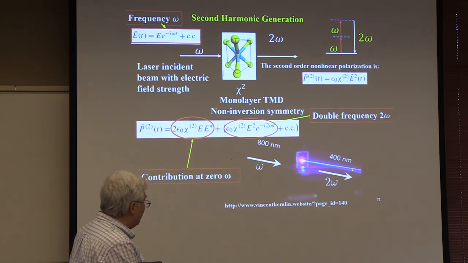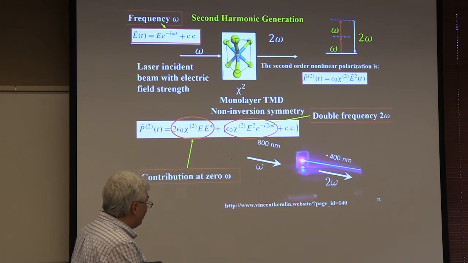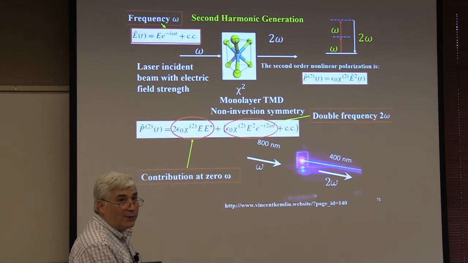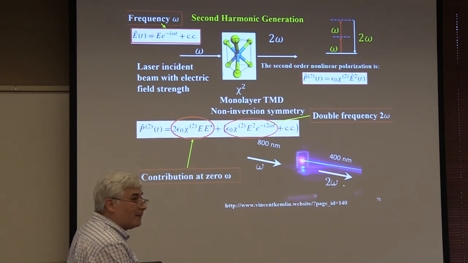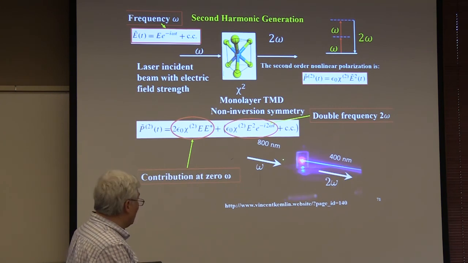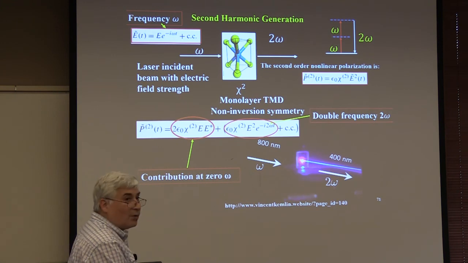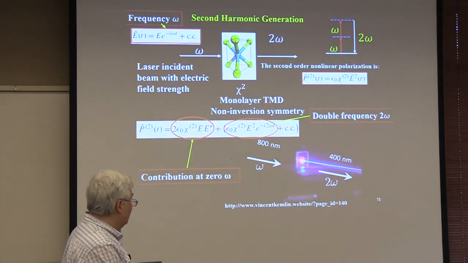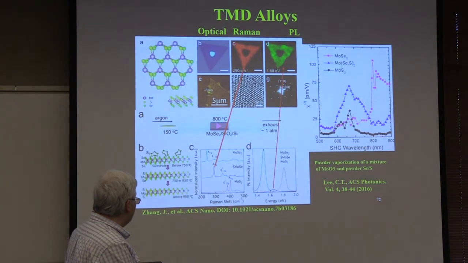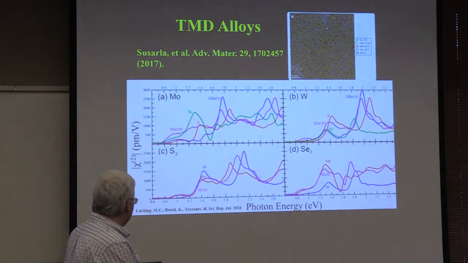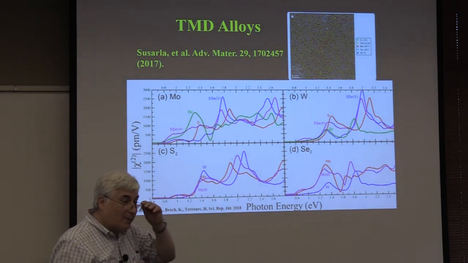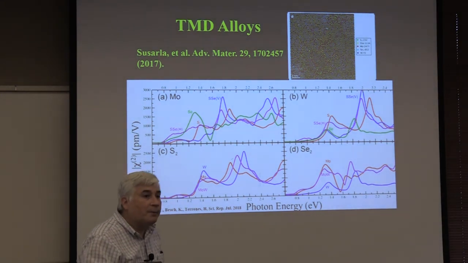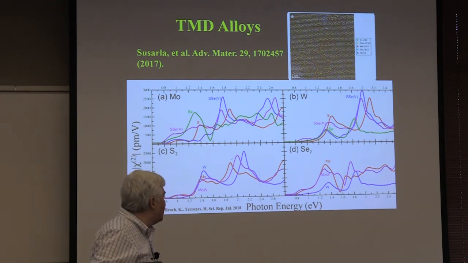Your wavelength will change to 400 nanometers, so your frequency will be doubled. People who work with lasers in optics use a nonlinear optic system to change the color of a laser. But here, the intensity of the second order susceptibility is huge, 3 orders of magnitude bigger than in three-dimensional systems.